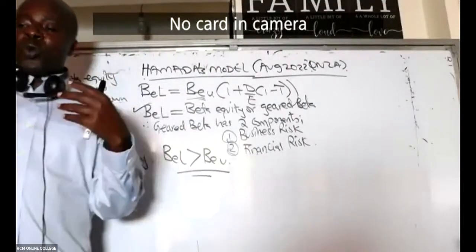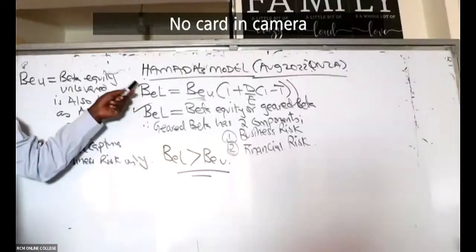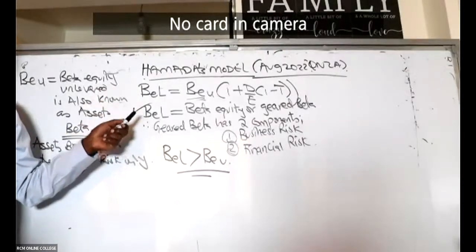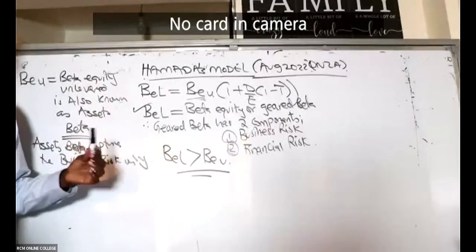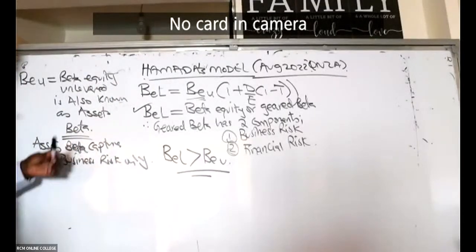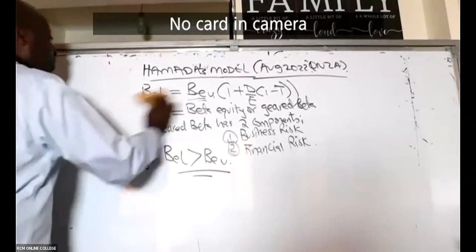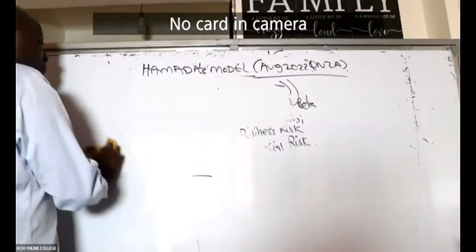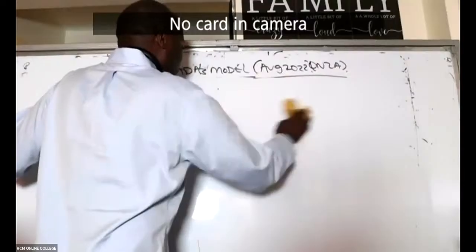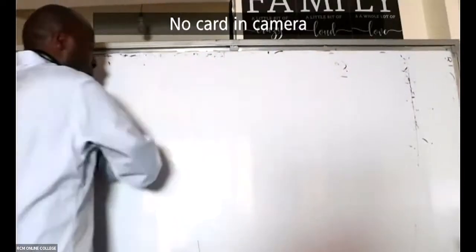So if you want to go to a new industry, we are a college and we want to go to a new industry, then Hamada's model will be used to analyze what we call risks. There is no way you will go to a CASNEB's AFM exam without knowing how to apply Hamada's model, because organizations are expanding, organizations are diversifying into new environments. We need to know how to analyze the risk.